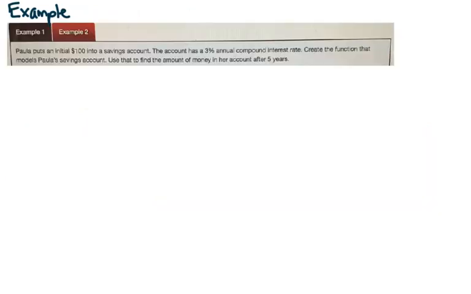So Paula puts an initial $100 into a savings account. The account has a 3% annual compound interest rate. Create the function that models Paula's savings account. Use that to find the amount of money in her account after 5 years. So we're going to use the p times 1 plus r to the x.